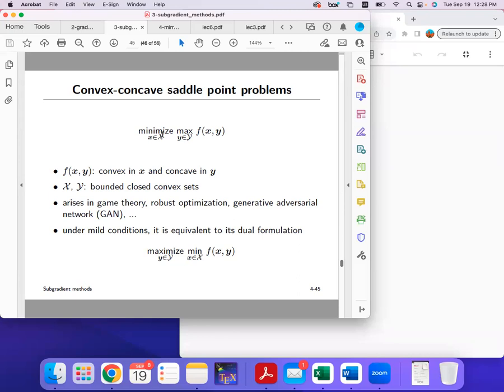And in this case, there are many formulations of this type of problems. Here we consider the convex concave case, where f is convex in x and concave in y.